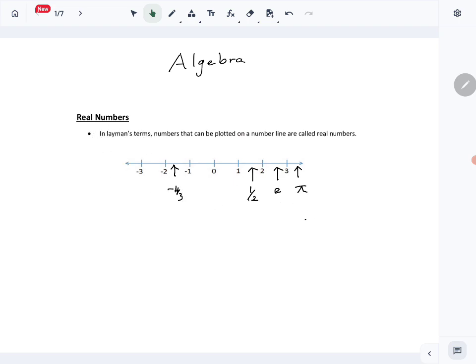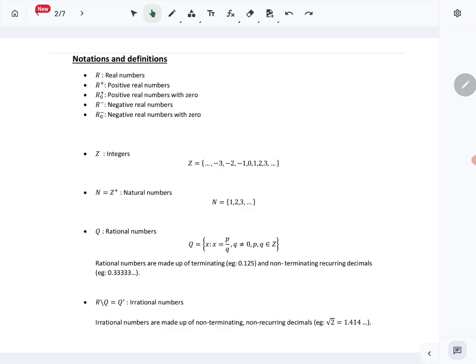Then some notations and definitions we have to learn. For all real numbers, the notation is R. R represents all real numbers. Then R with a plus sign represents all positive real numbers.